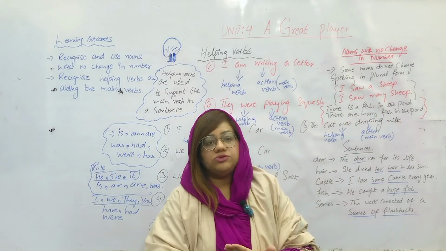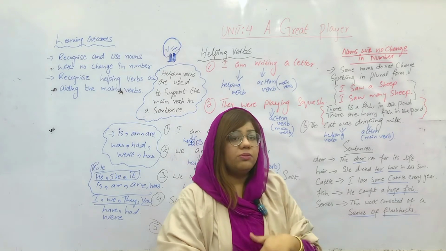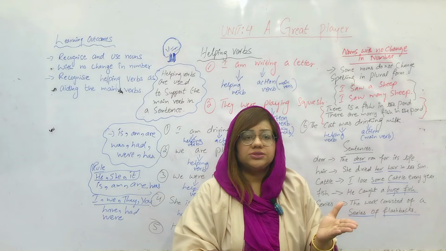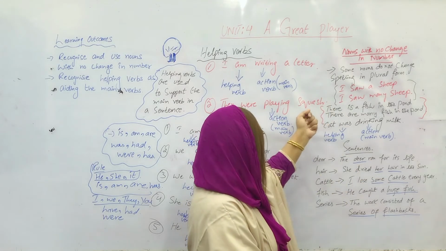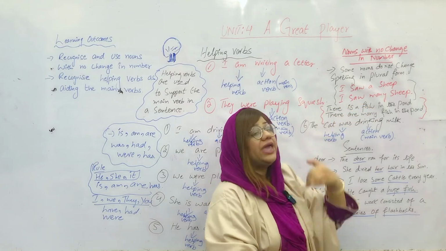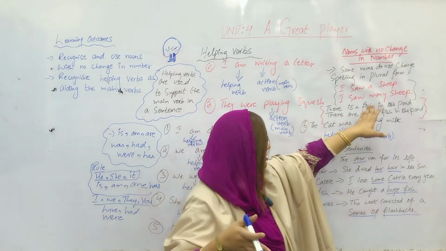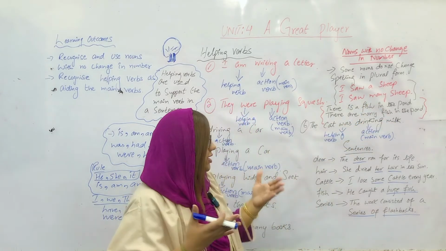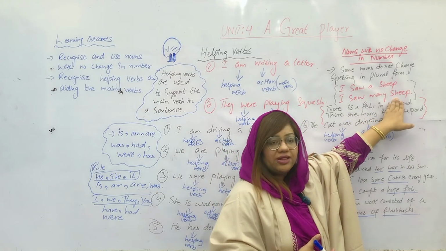Now this word sheep is used in a plural form, and you may see that there is no change in the spelling. Here you can see that I saw many sheep. Now many sheep means that it is the plural form. I saw many sheep, but there is no change in the spelling.